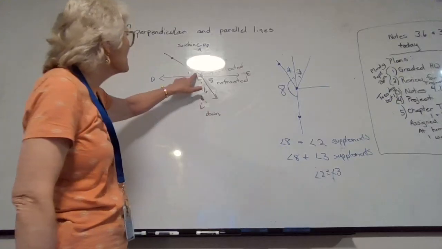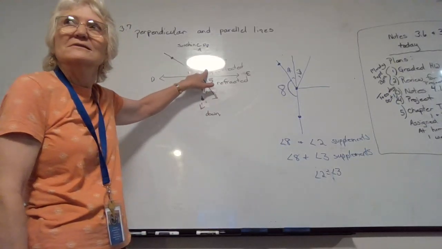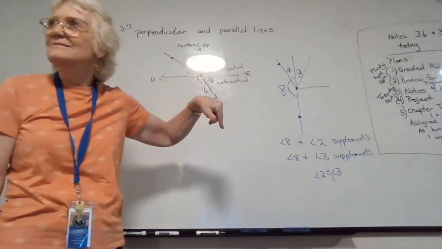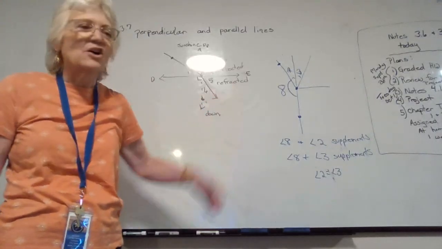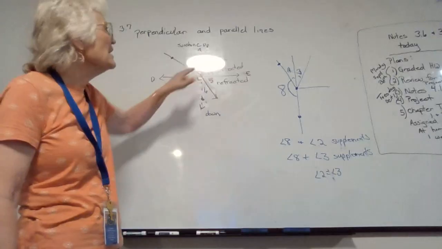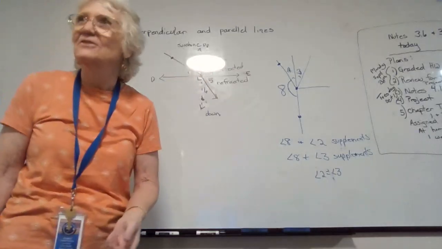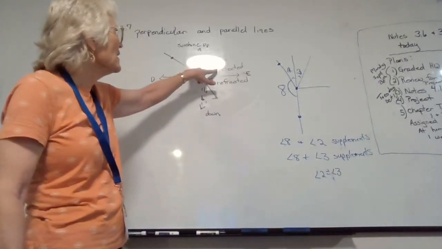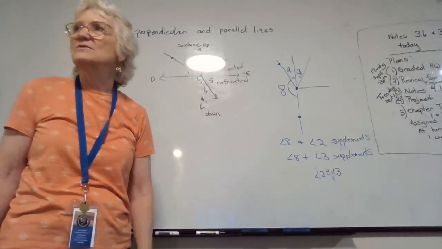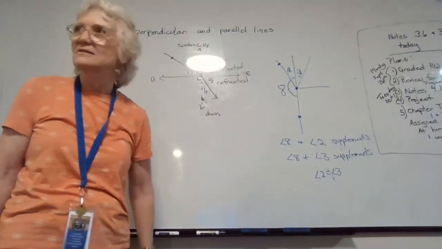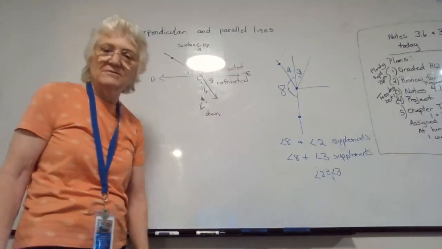It says if this is a right angle and this is a right angle, are these perpendicular? Yes. Well, it says if these two are equal, are they perpendicular? Yes, because the only way we know these have to be at 90-degree angles is because one's going straight up, one's going straight across. So they have to be perpendicular.